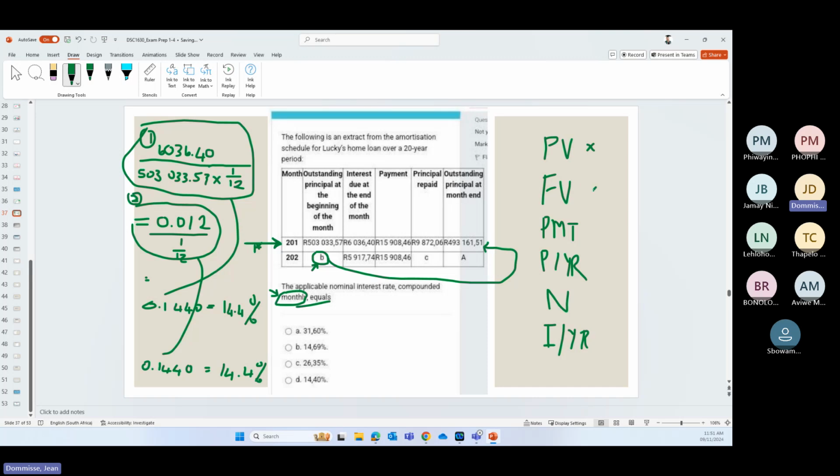We know the future value will always be 0. We've got the PMT. We've got the payments per year because it's monthly. Here they tell us the N, but they didn't tell us the interest rate, so we would in any case have needed to work out the interest rate. So we can't use the calculator because 2 of those things are absent.